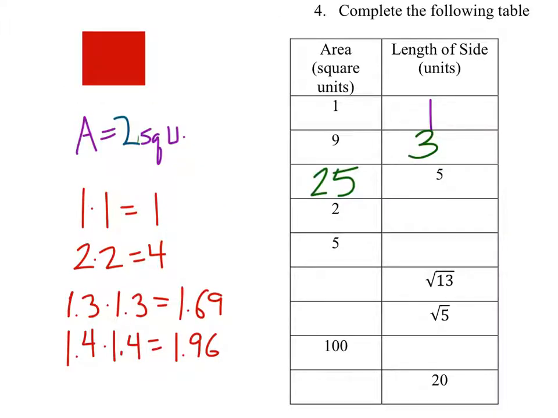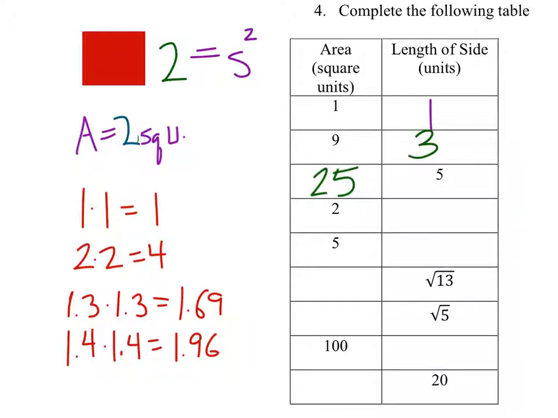I've got a 2 as my area, but what I want is the side length. So what we got to do, right, we know that the area is the side length squared, but we've got an area of 2. Now inverse operations undo operations, specifically in this case, an exponent.